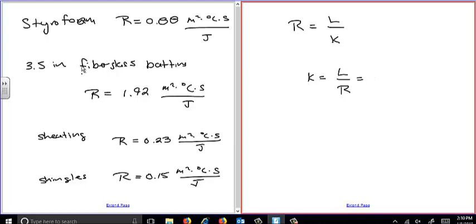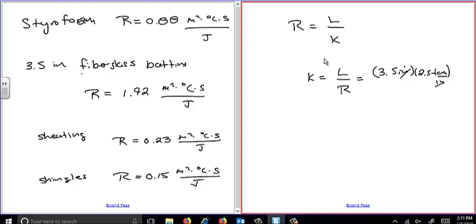In this case, I've got 3.5 inches of insulation. Of course, I've got to convert that to meters because R is in meters squared. So I'd multiply by 2.54 centimeters per inch, and you can see how the inches cancel out.